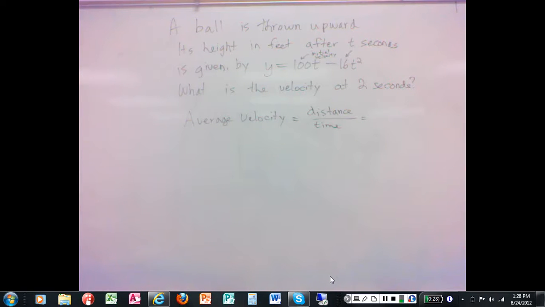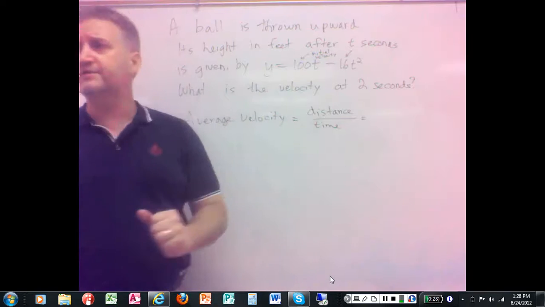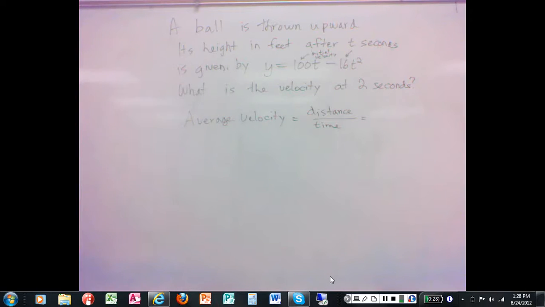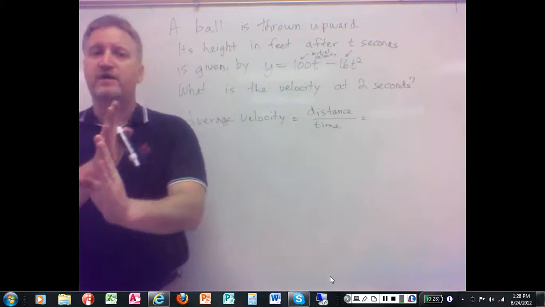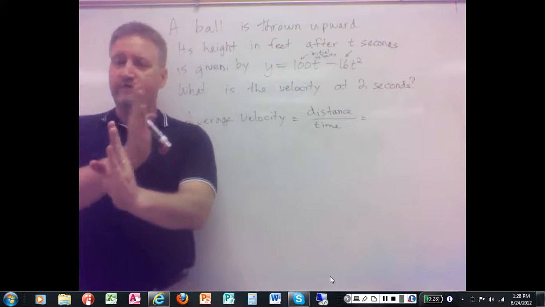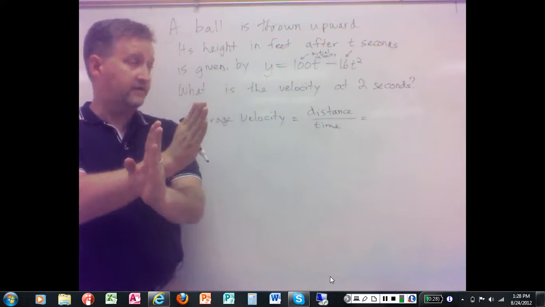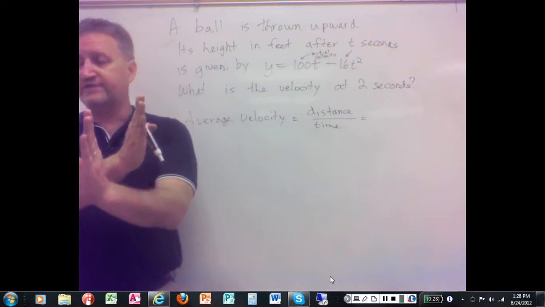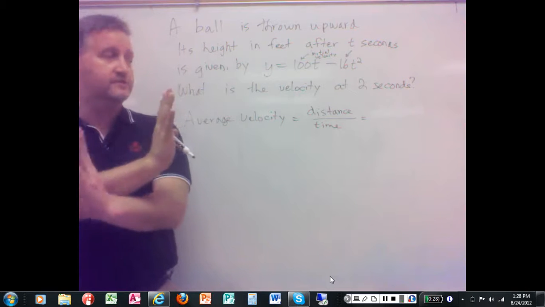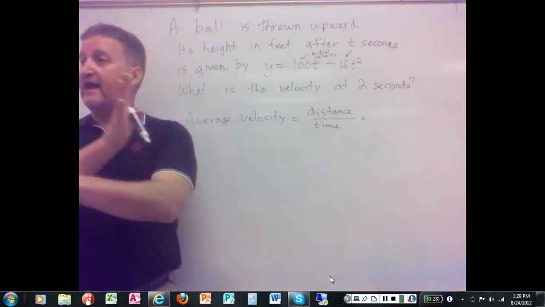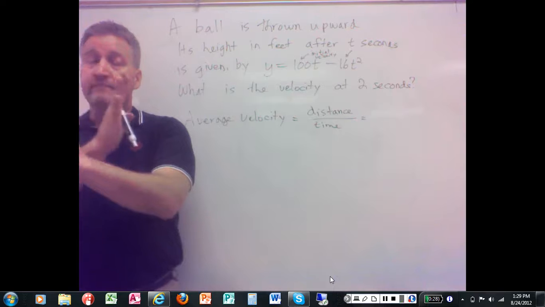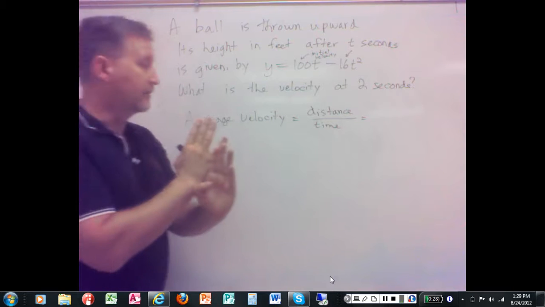And so what we're going to do is, we're going towards 2 seconds. So to use this average velocity, I have to go another little bit, a few seconds. Maybe let's start with 3 seconds. So we'll go from 2 to 3 seconds. Then we can calculate an average velocity, and then we can think about what to do from there. Okay.